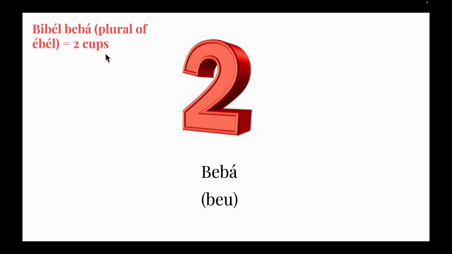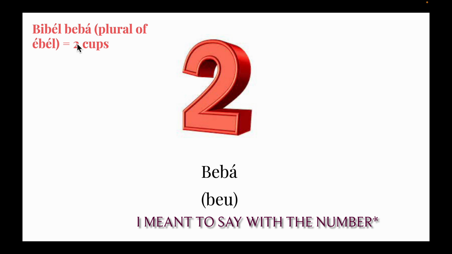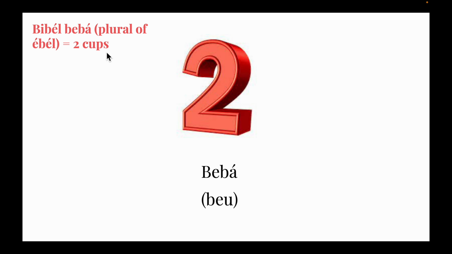Now, if you haven't noticed yet, in Bassa'a, you do not start with the number. You start with the noun. AKA, you don't say beba bibel. You would say bibel beba. So technically in English, that would be cups 2.